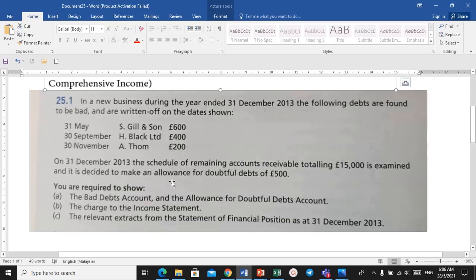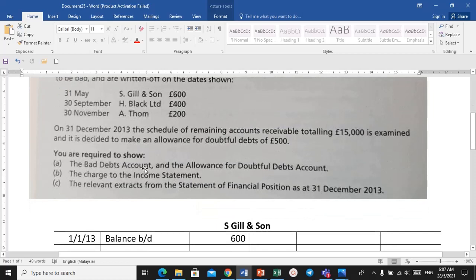And it also said that the company has created an allowance for the debt of £500. So we are going to use this information to prepare the allowance for the debt account, and also to prepare the entries in final accounts. Okay. So these are the requirements of the question.